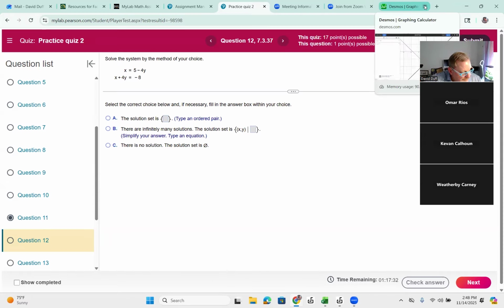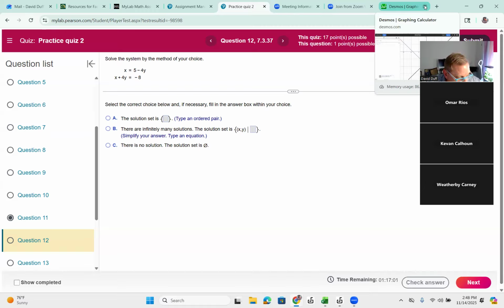So it looks like the second equation is already in general form. So that's fine. So what I want to do now is take the first equation and I want my x and my y on the same side. So if I add 4y to both sides, I'll end up with x plus 4y equals 5. Is everyone good on what I did just there?